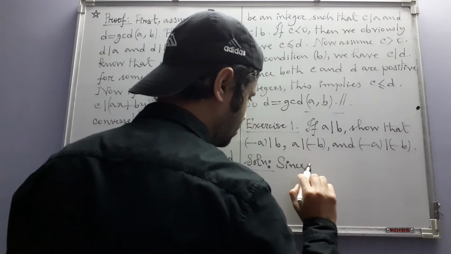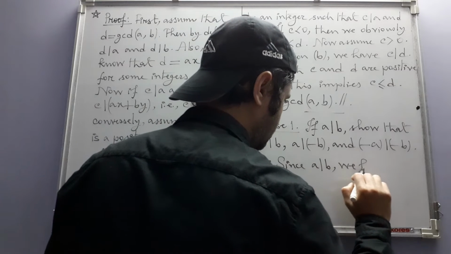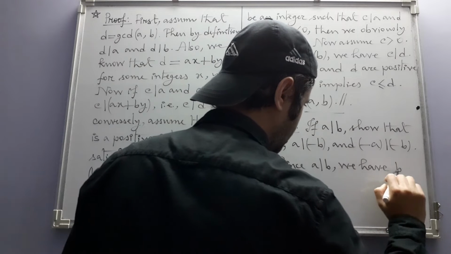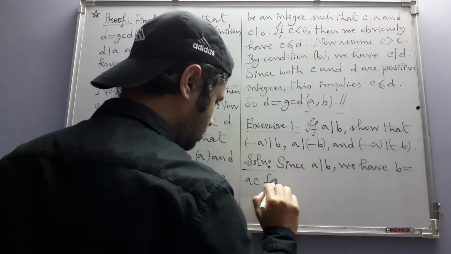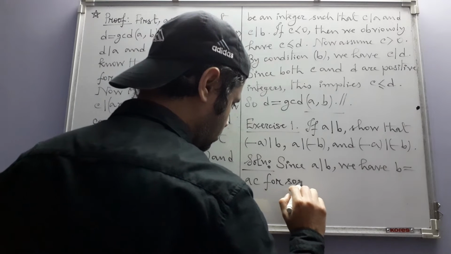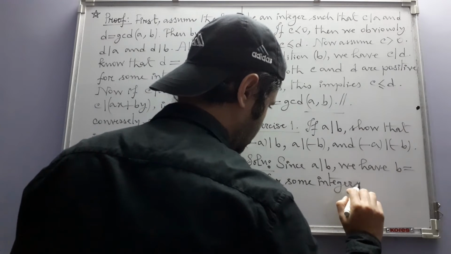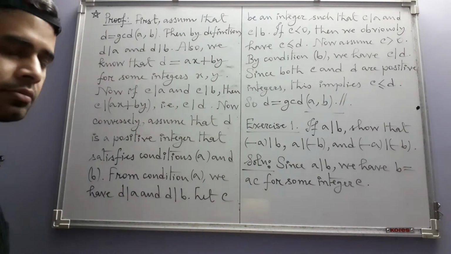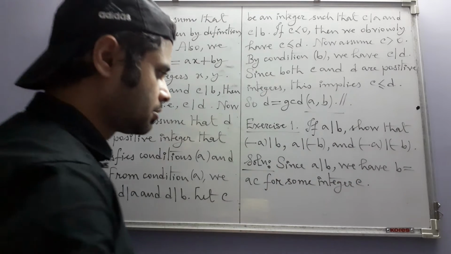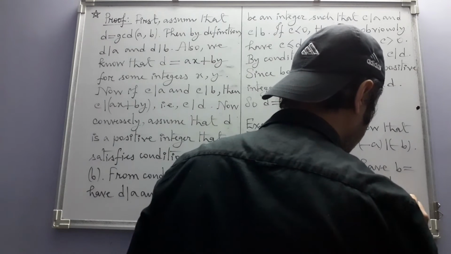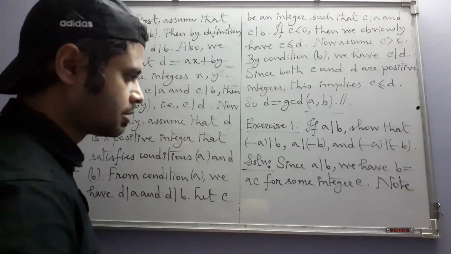Since A divides B, we have B equal to AC for some integer C. Now to conclude these divisibility relations, we modify this equation B equal to AC.